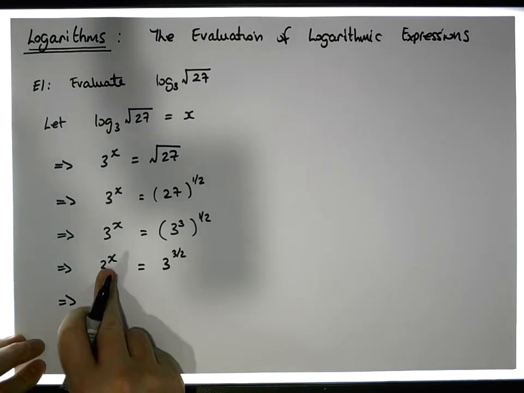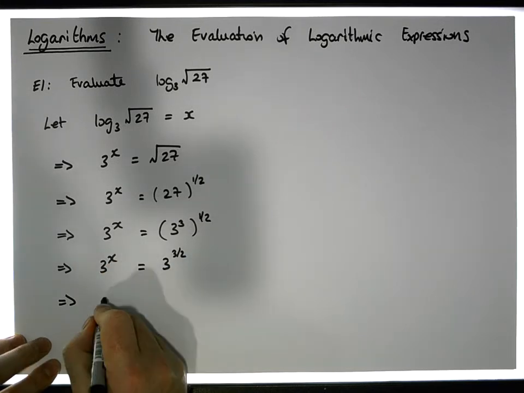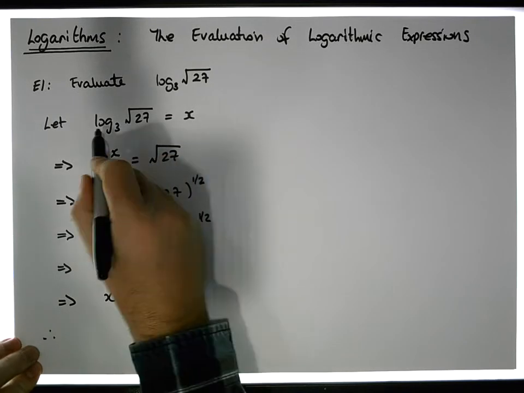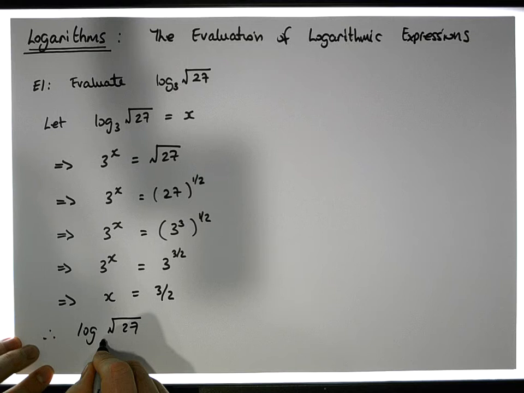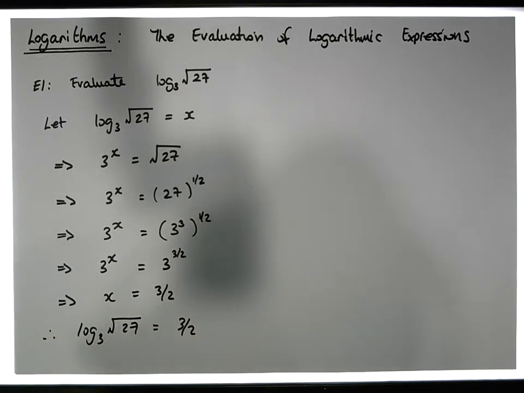If this is equal to this, the two bases are the same, so x must be equal to 3 halves. Therefore, log of the square root of 27 to the base 3 is equal to 3 over 2.